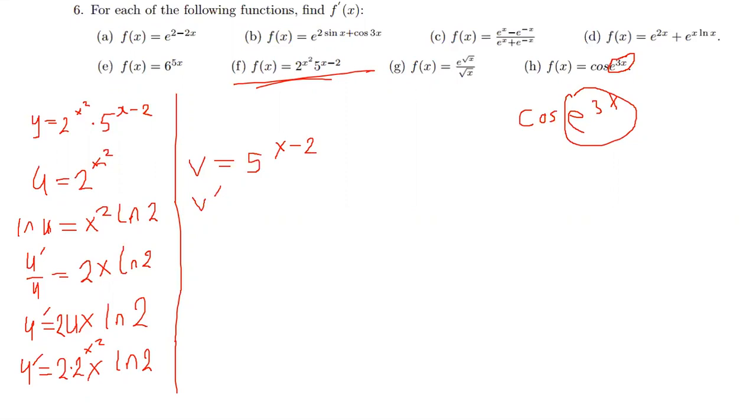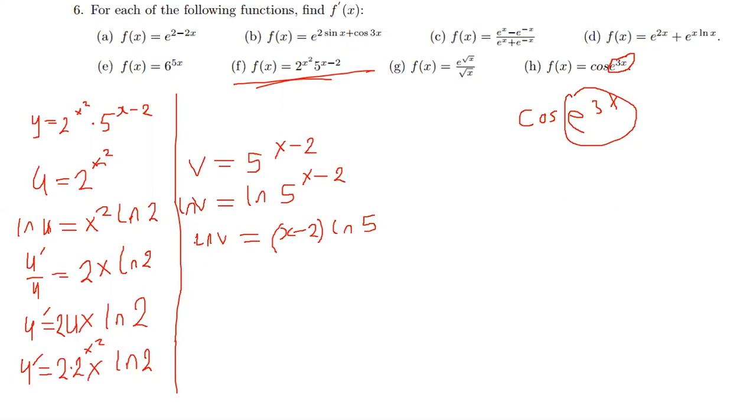So let us also find v prime. To find v prime, we also have to introduce ln on both sides of this expression. So ln v is equal to ln of 5^(x−2). Then you drop the power this side, so you're going to have ln v being equal to (x−2) ln 5.